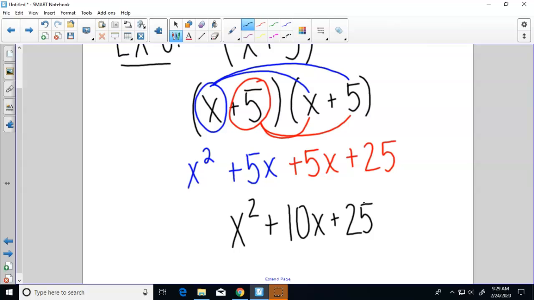There is a shortcut for this one too, but I'm not going to teach it to you yet. If I teach it to you right now, you might get it mixed up with a lot of other stuff. So I'll teach it to you in a few days. These are called, if you write this down, these are called perfect square trinomials.